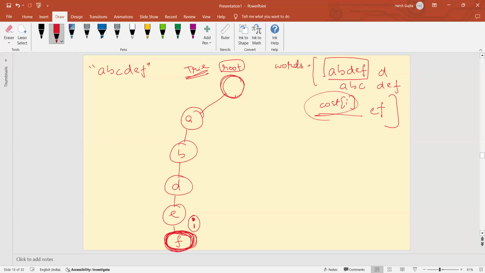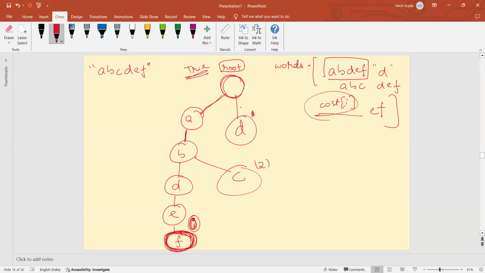Yeah. Similarly, when we insert D, to this D we simply push back the index of this particular string D, which is 1. Then we insert ABC. So we have A over here, we have B over here, and then we simply insert C. And to this C, we simply push back the index at which this ABC was present, which is simply index 2, isn't it?